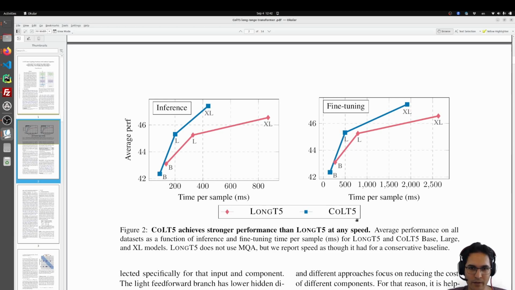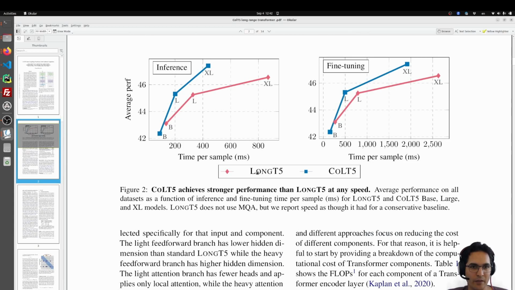For ColT5, we do the same thing for having the long range, but one of the differences is that ColT5 is trained on the UL2 paradigm, while LongT5 is trained on the Pegasus paradigm, and I will talk about them.